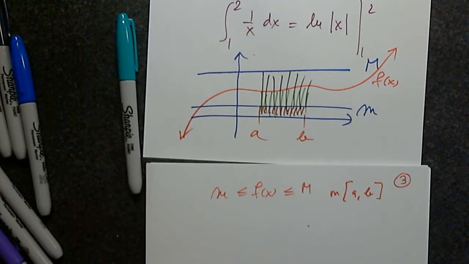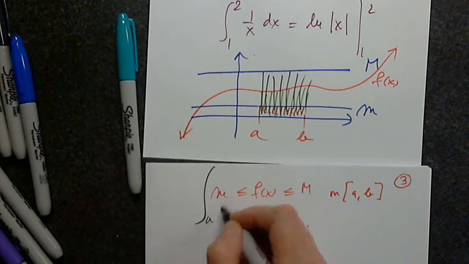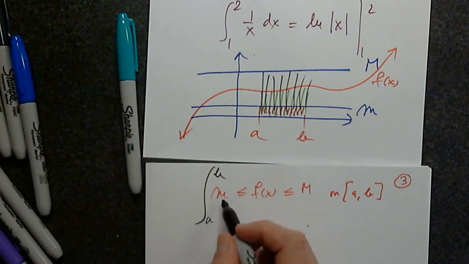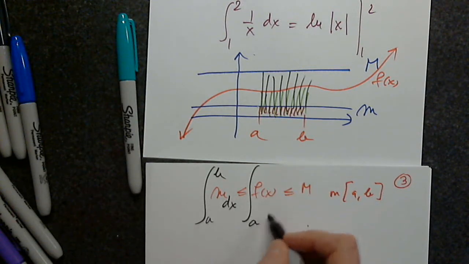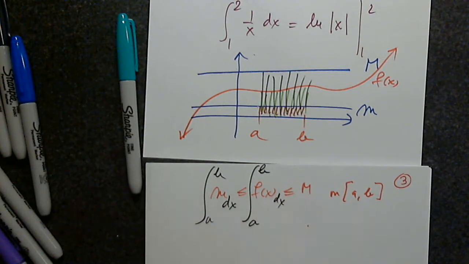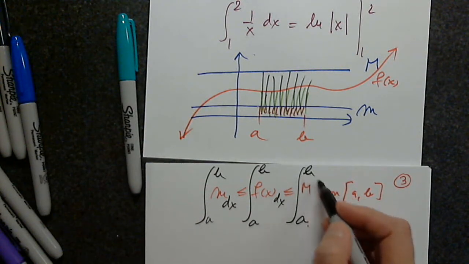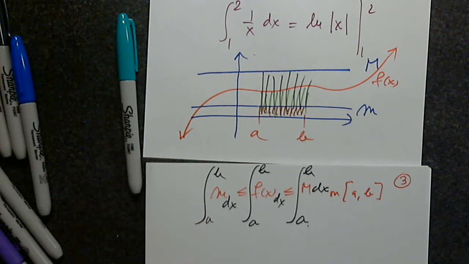Very similar to what we did last time. Would you agree with this? So then the integral from a to b of m dx must be definitely smaller than the area under f of x dx, and definitely smaller than the area under uppercase M.